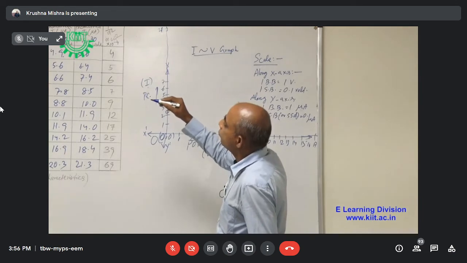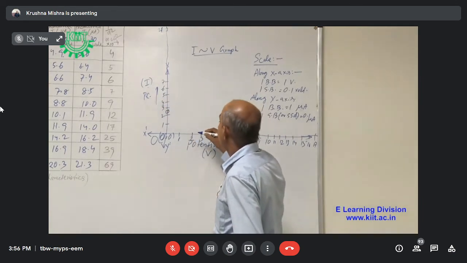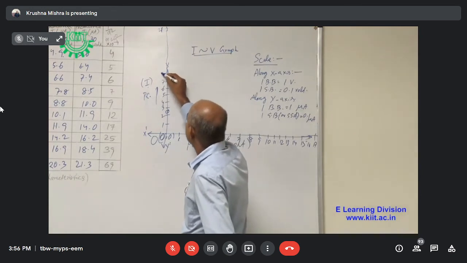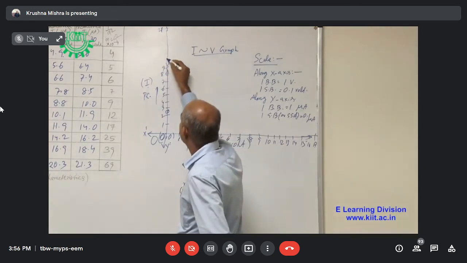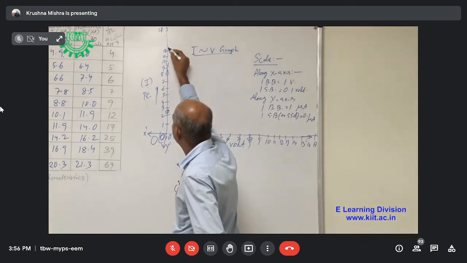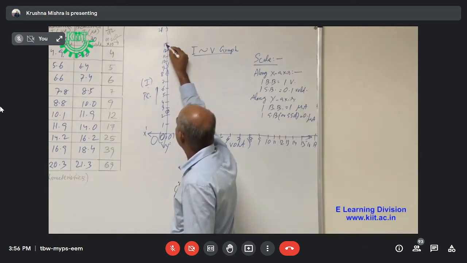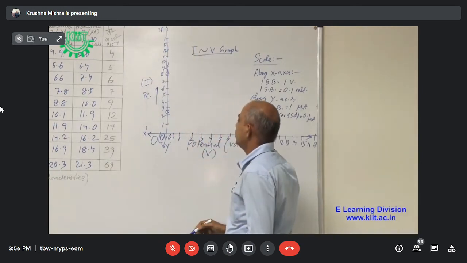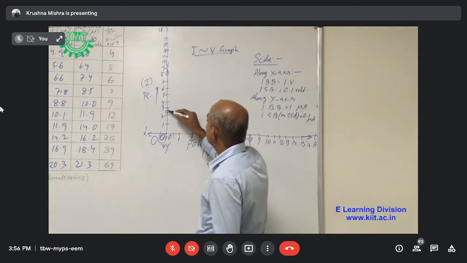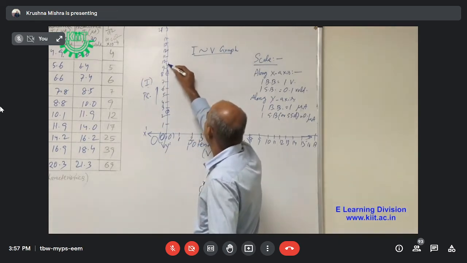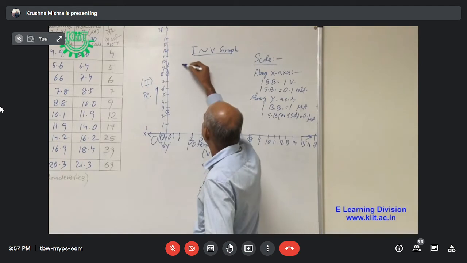Similarly, for 1 volt the current is 9.5. If I count 8, 9, 10, 11, 12, 13, 14, and proceed up to 21, then the next is 9.5, so the point comes here at 1 volt.